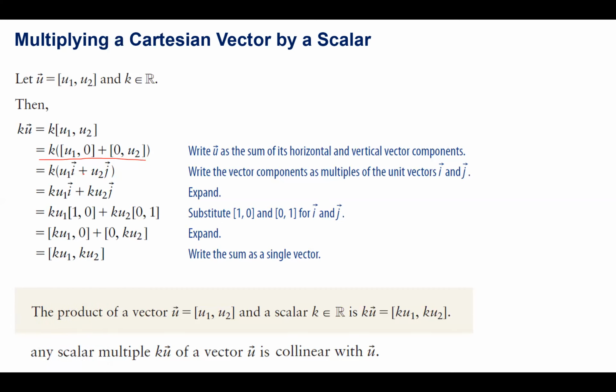Then write the vector components as multiples of unit vectors i and j. And we have this expression. Then expand this vector. This gives us k times u1 times unit vector i, and k times u2 times unit vector j.